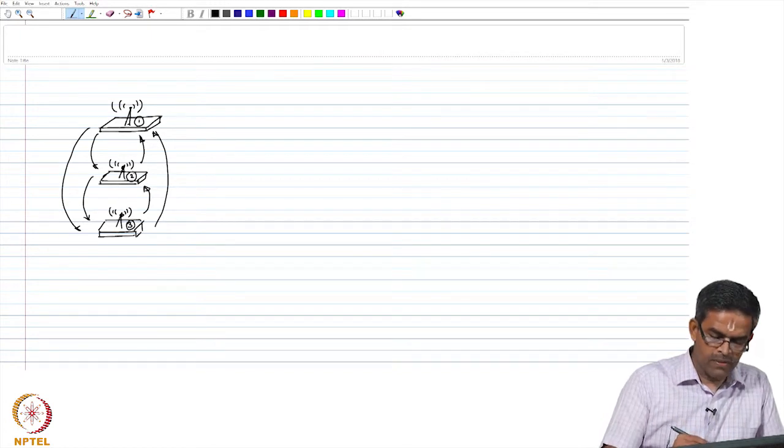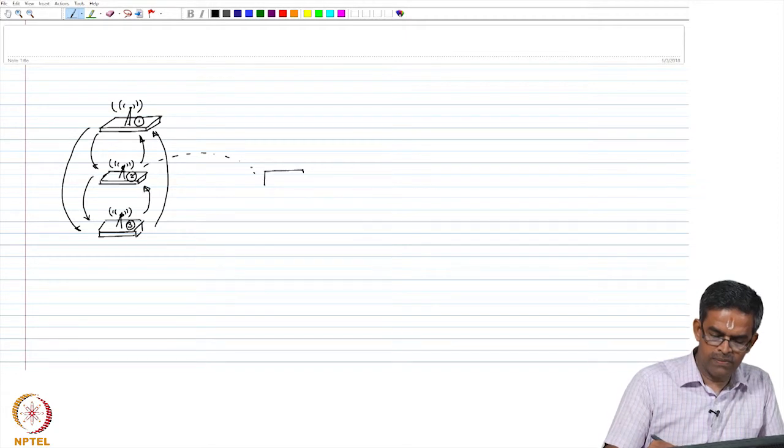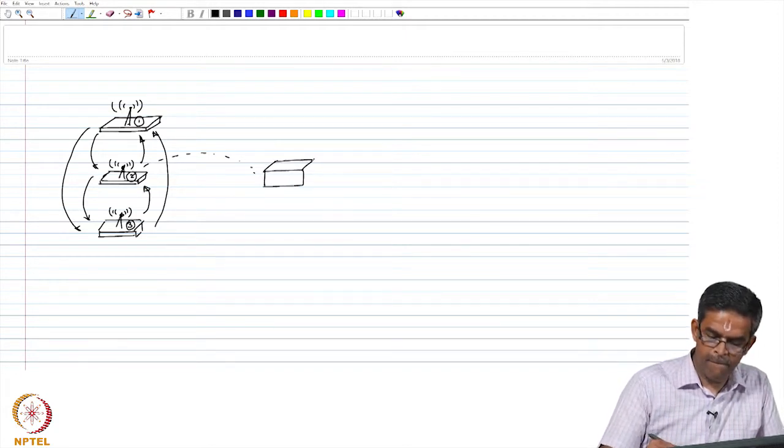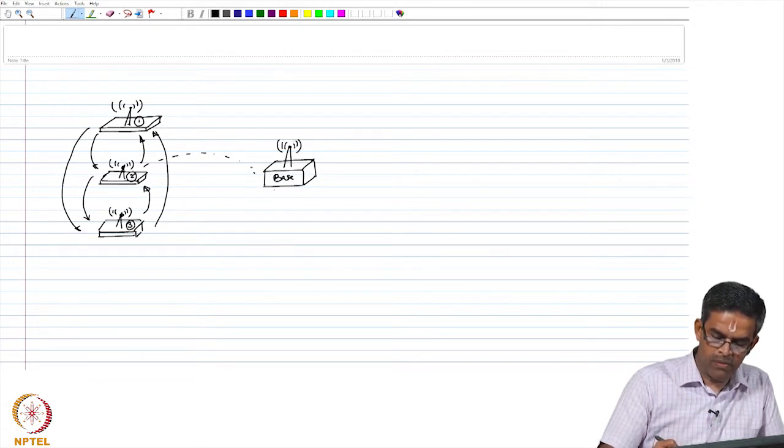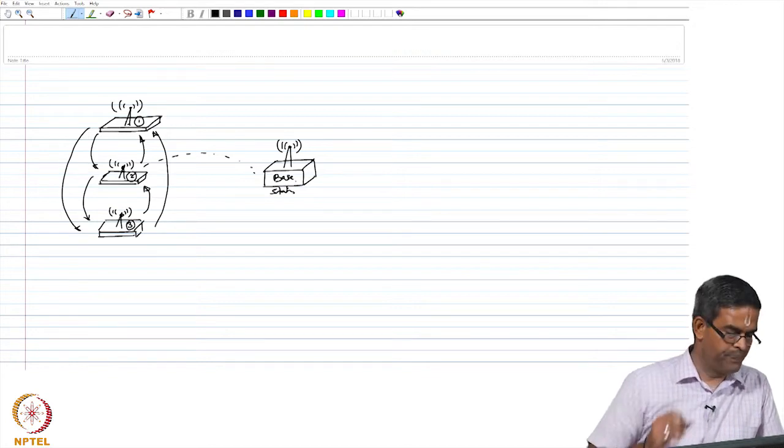Further, they also communicate to the base station through radio frequency.